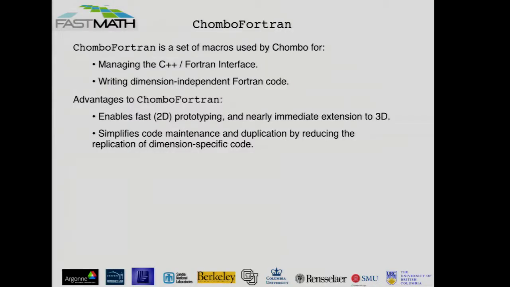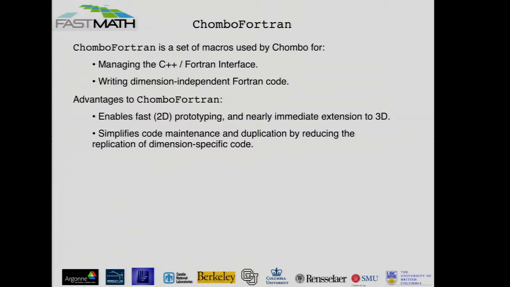Also, you would need a different interface for each dimension of the problem you're working with. So what Chombo Fortran does is it manages this C++ Fortran interface, and it enables prototyping of fast 2D code, and it simplifies the code maintenance.